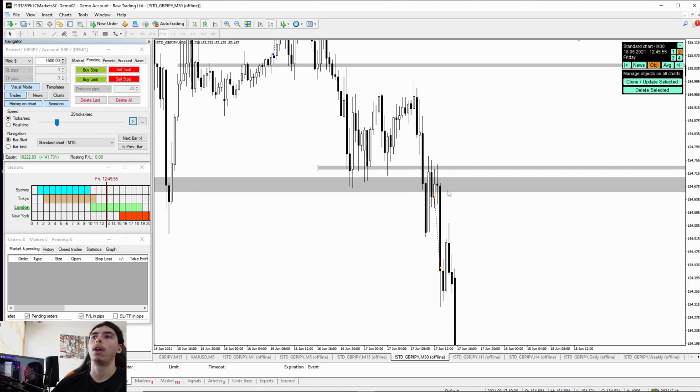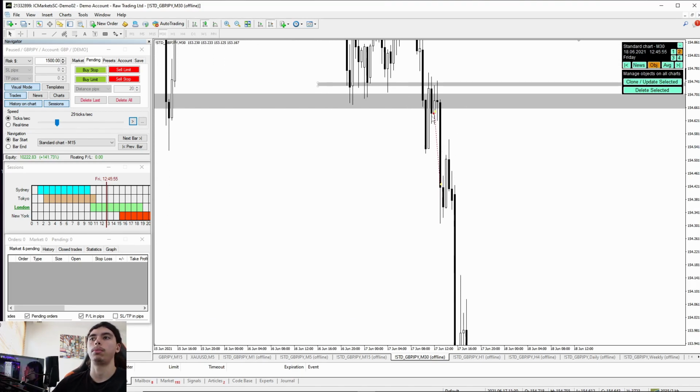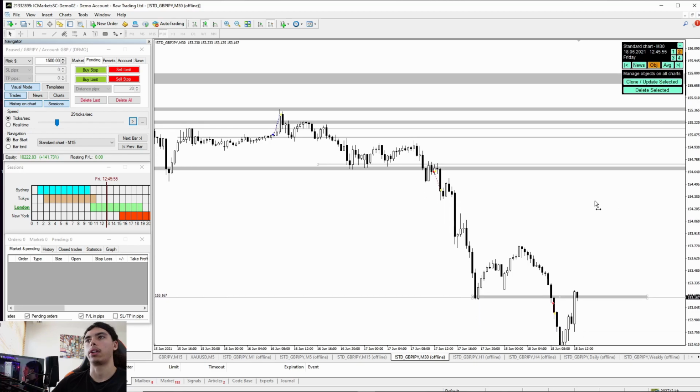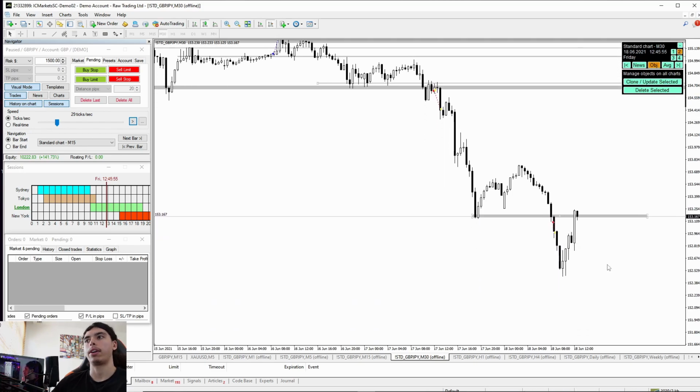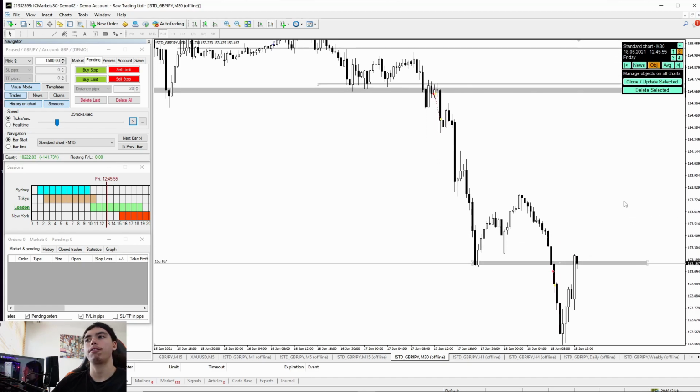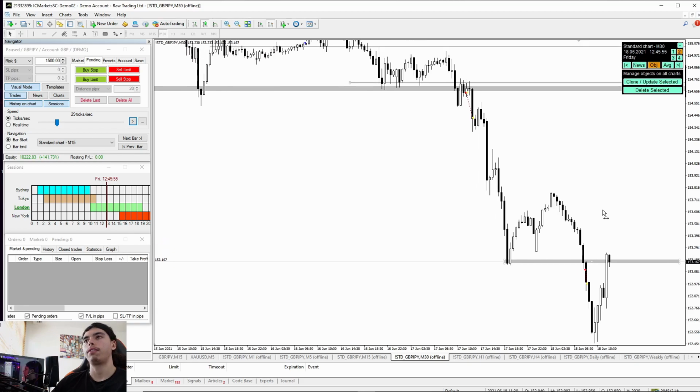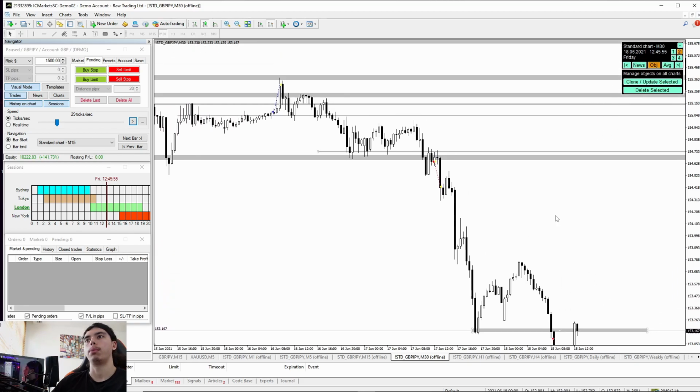So I think we could have finished it in this challenge and this trade if I didn't close half. But again, taking advantage of GJ sells like this, it's lucky that that's how it played out. But in real life, you would have had a lot of different emotions, to be honest, right?